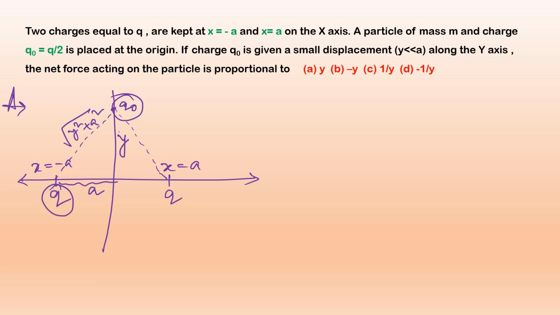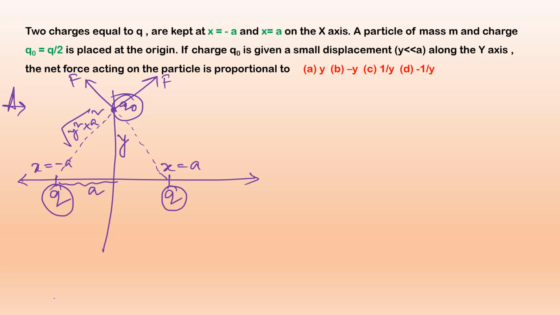We'll obviously apply Coulomb's law to find the value of the force, but in this case all three charged particles are positive in nature. So this q will apply a repulsive force on this q naught in the outward direction like that. Similarly, this charge q will also apply a repulsive force on this q naught in the outward direction like that, right?